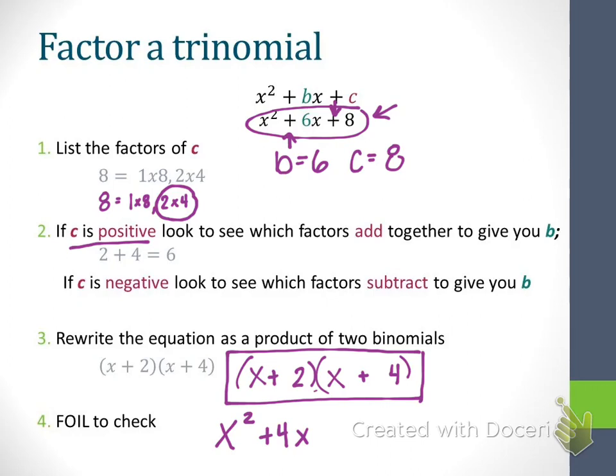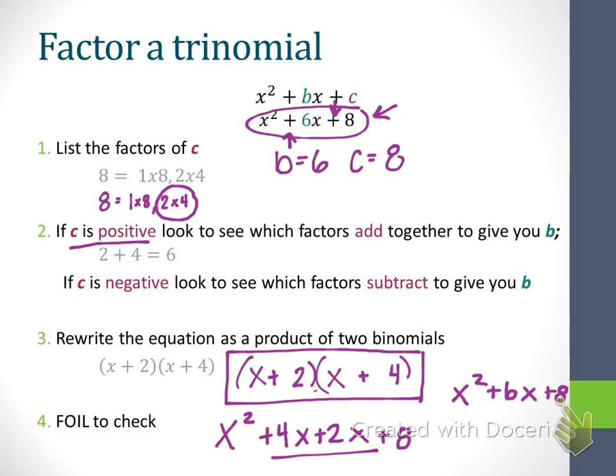Inner, x times 2 is 2x. Last, 2 times 4 is 8. All right, like terms together: x squared plus 6x plus 8. Did this check out with my beginning problem? X squared plus 6x plus 8. Yes. So I know I have the right answer.